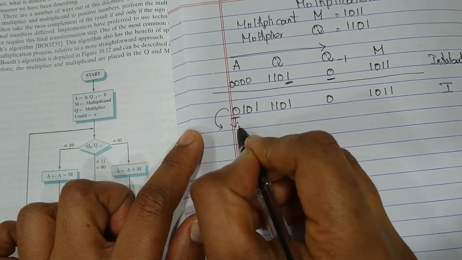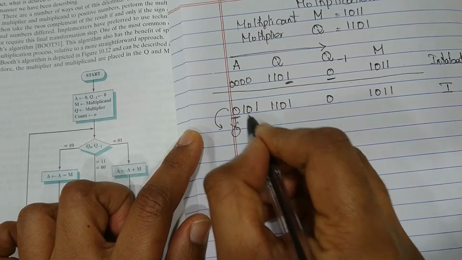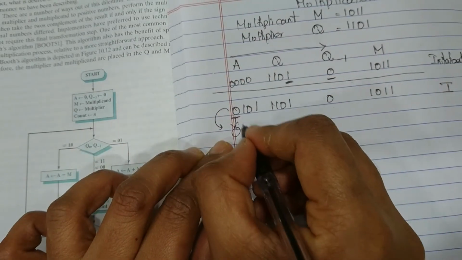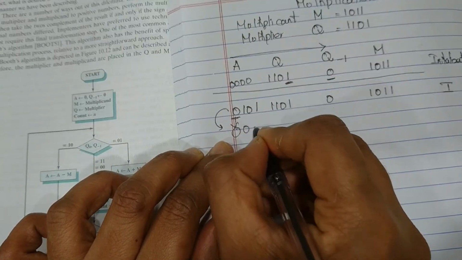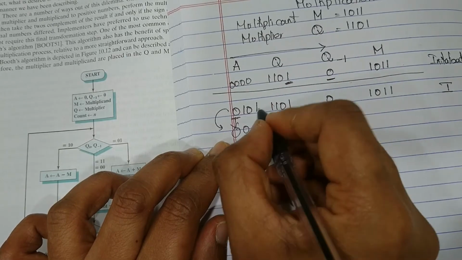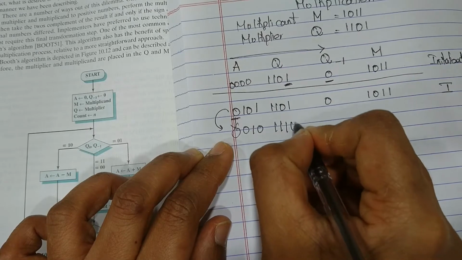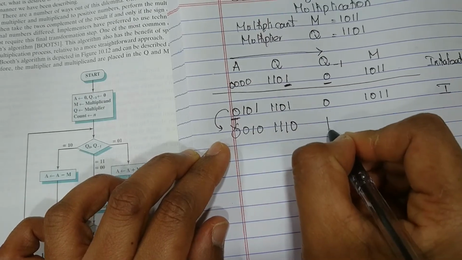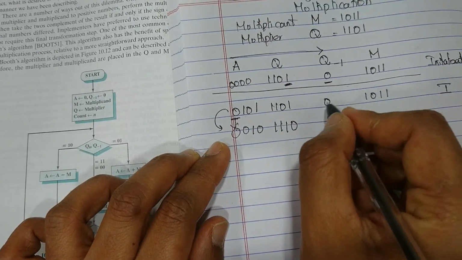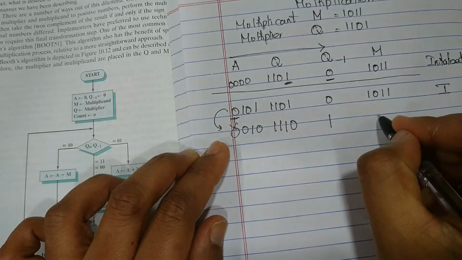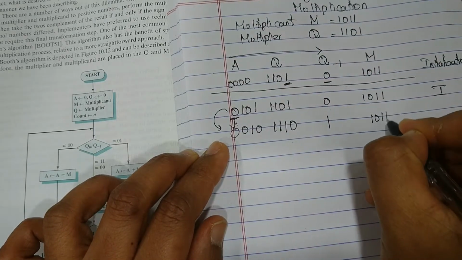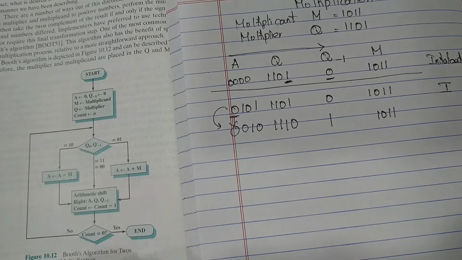You keep it, and then you shift to the right side. So this one will come here, 1 will come here, 0 will come here. This one comes here, and this one, and this one. And this last bit goes away. Don't touch the M. M is always as it is.